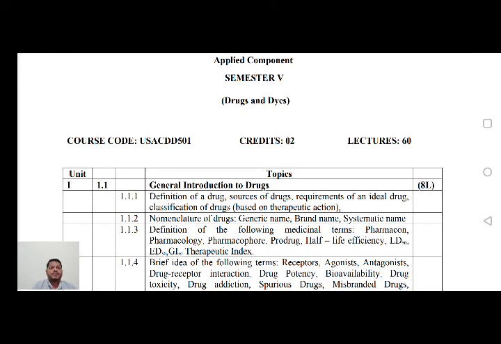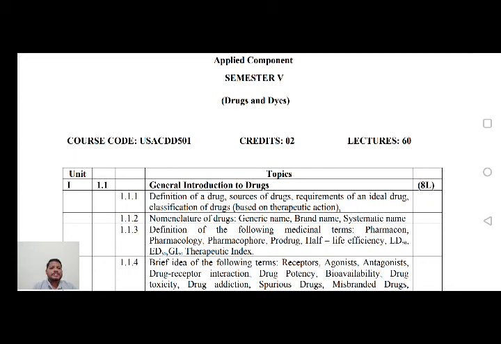Unit first is the general introduction to drugs. The topic name itself says it is basic or general information about drugs. What are drugs?